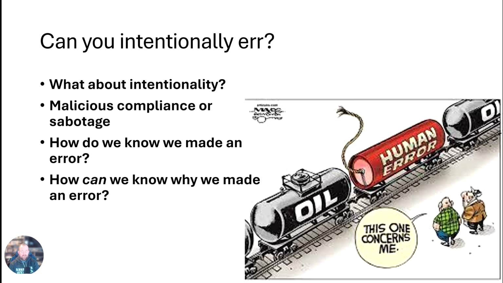That also wouldn't be an error the way we understand it. But then these last two questions are really critical to this course. How do we know we made an error? And how can we know why we made an error? So if we go back to the cup example, if I knock it across the room, how can I access what I did unintentionally?